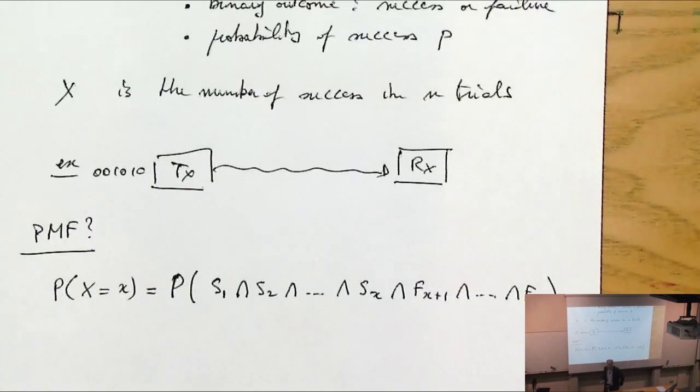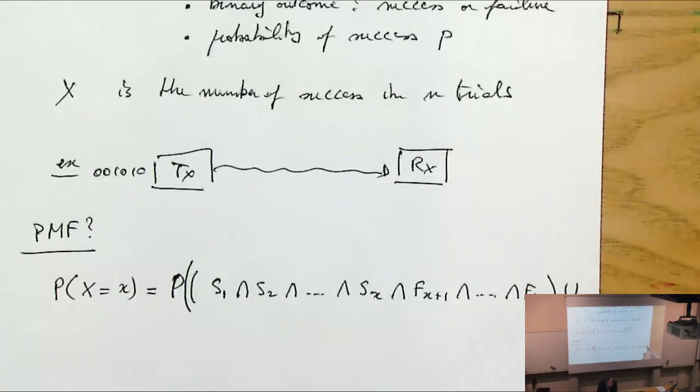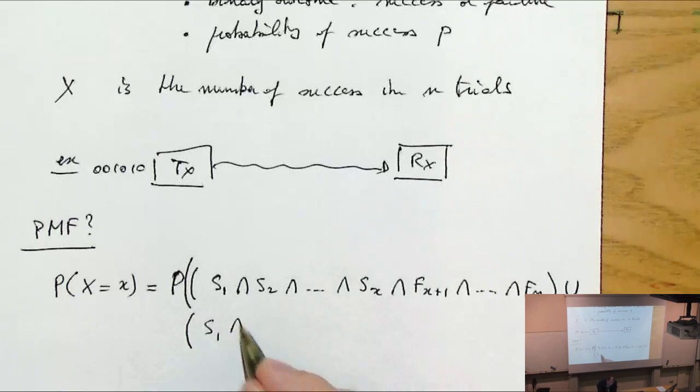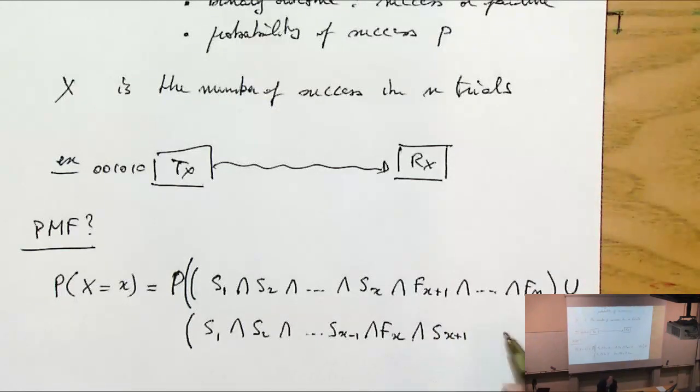That's not the only one. So this is a probability of having this union. I have another event, where I still have success at the first trial, I may still have success at the second one, but now I have success at X minus 1, I have failure at X, I have success at X plus 1, and then failure at X plus 2 all the way to n.